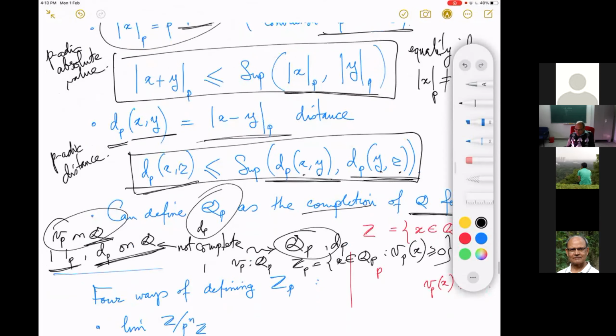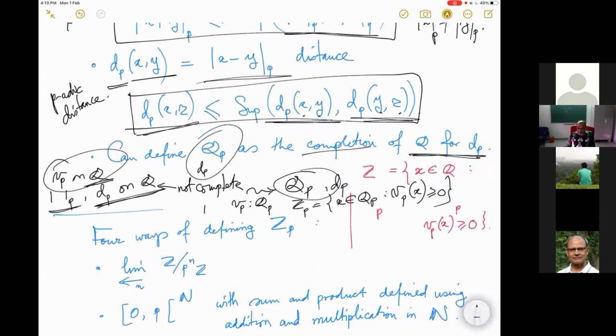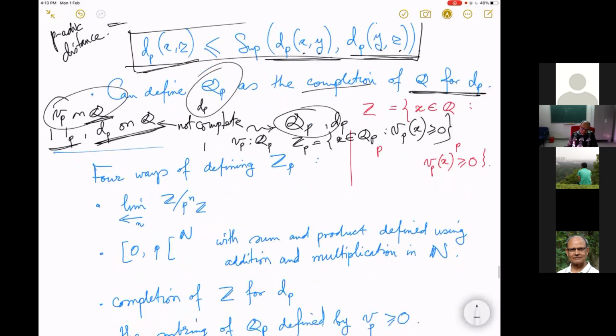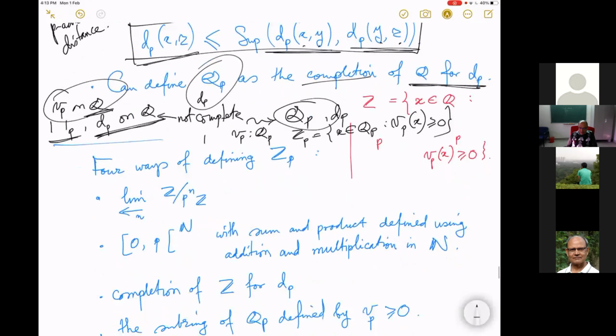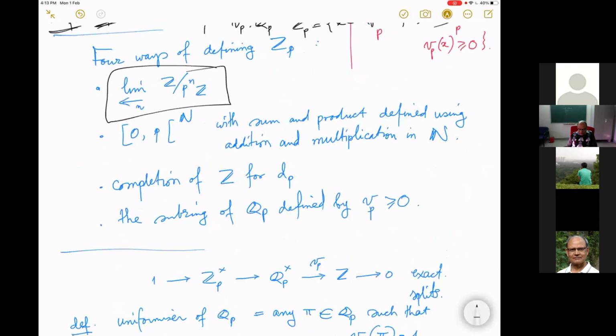Anyway, this is the fourth way of defining ZP. What I just described is the fourth way. Three ways so far: the first is ZP as the projective limit of this inverse system. The second definition is in terms of P-adic expansions.